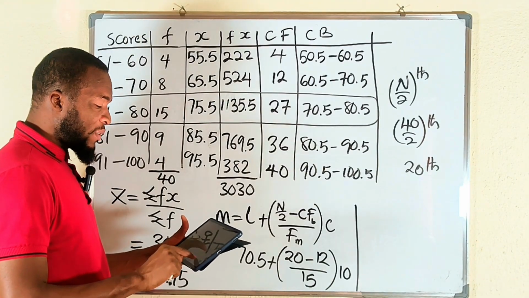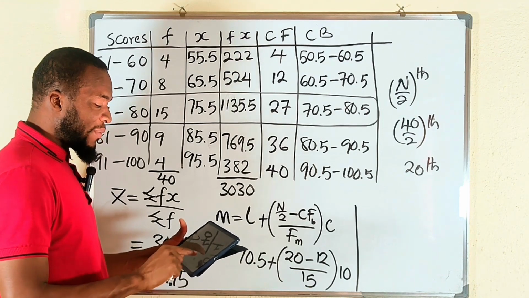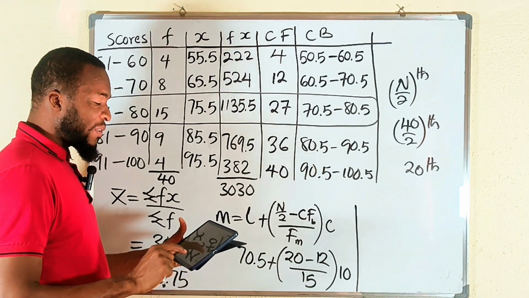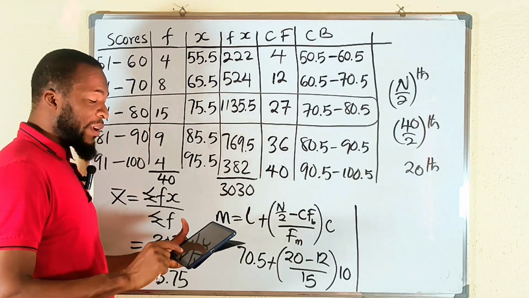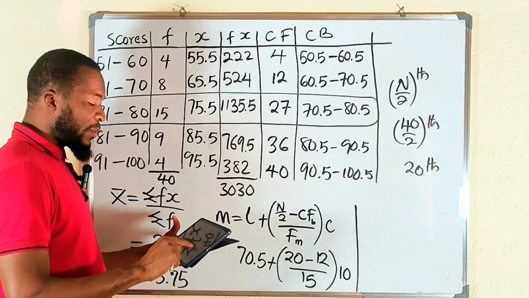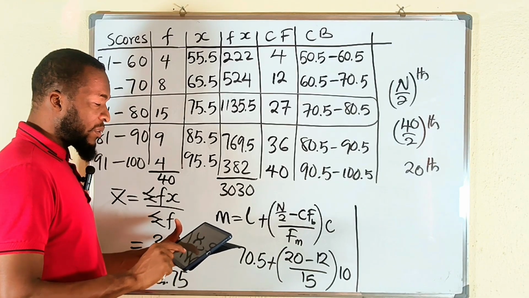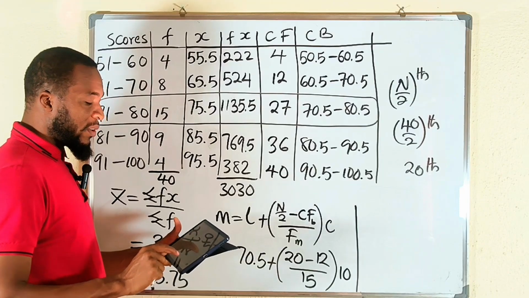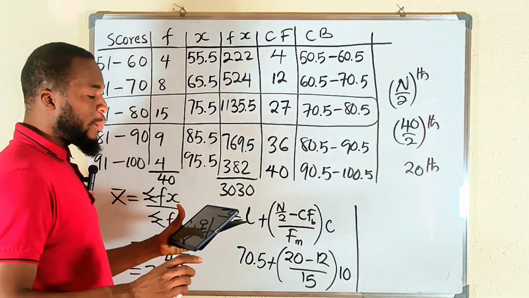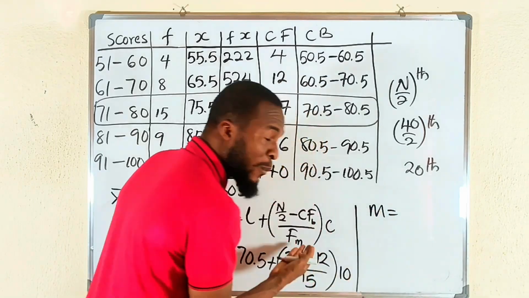I have 20 minus 12, which is 8, divided by 15. That is going to give us 0.5333. You multiply by 10. That is 5.3 something, plus 70.5. This is going to give us 75.83.